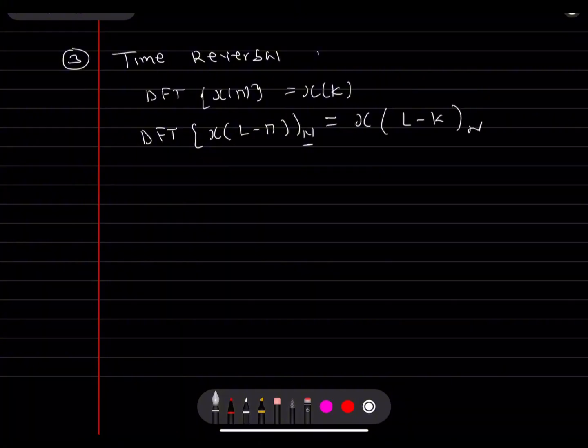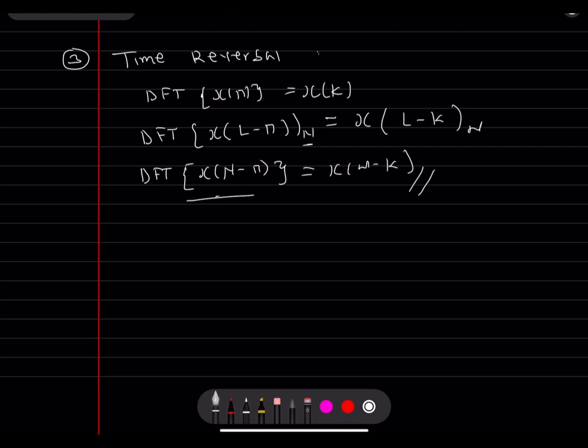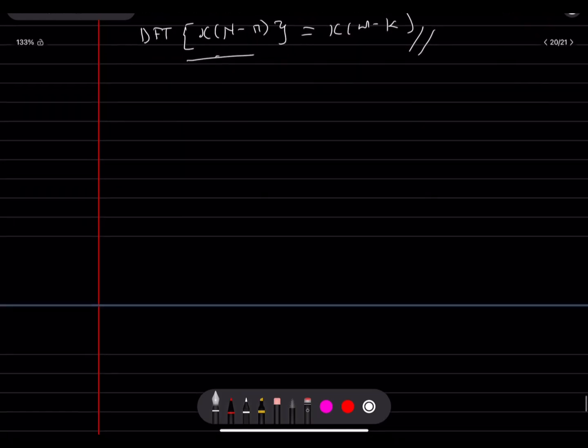And also the second one, in the time domain: if the DFT of x of (n minus n) is equal to x of (n minus k). So let's take note of these ones. Let's look at some different sets of properties as well, and we will use these properties to solve some examples after we are done discussing them.